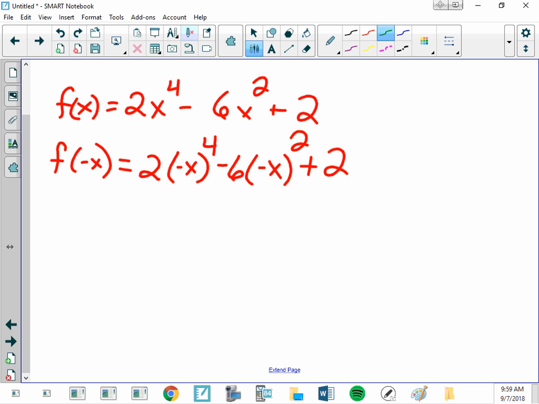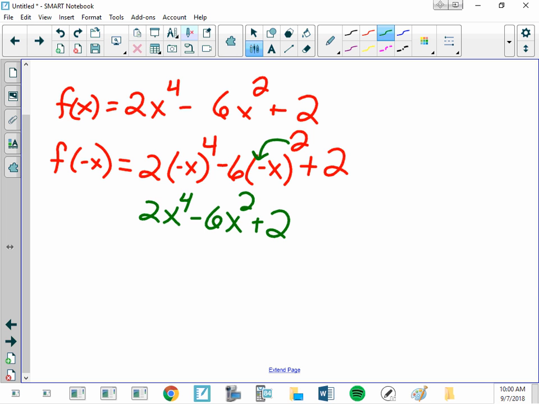What is negative x to the 4th? What is negative x times negative x times negative x times negative x? x to the 4th. That 4 kills the negative, and I get 2x to the 4th minus, it's not plus, because this square kills that negative.